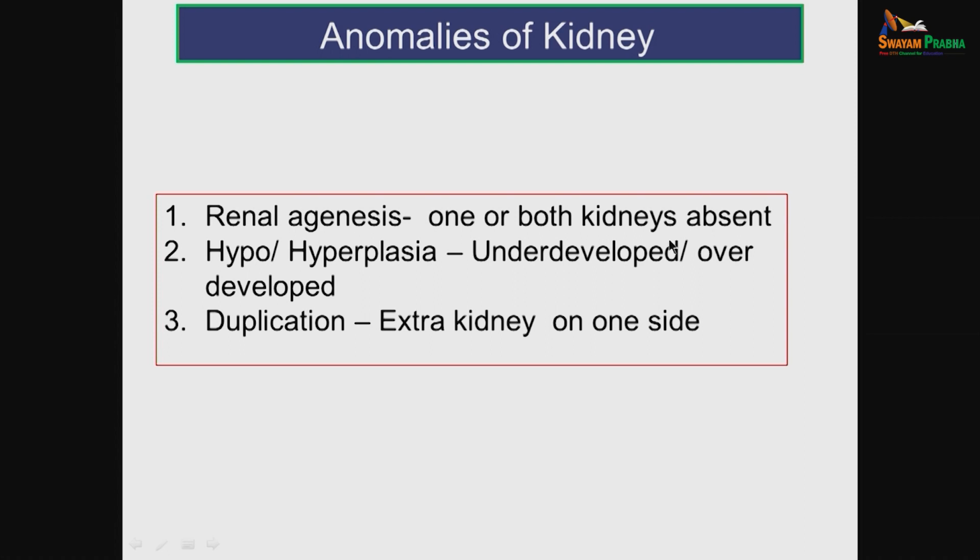One or both kidneys can be absent. There can be hypo or hyperplasia of the kidney, that is, if it is underdeveloped, it is called hypoplasia. Overdeveloped, it is called hyperplasia. Sometimes there can be duplication of the kidney. There can be an extra kidney on one side.